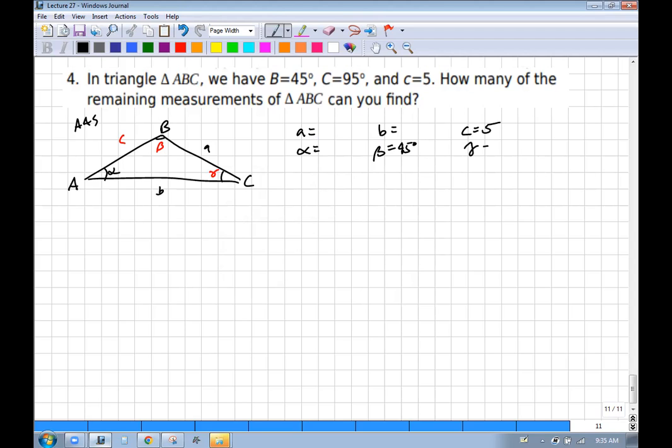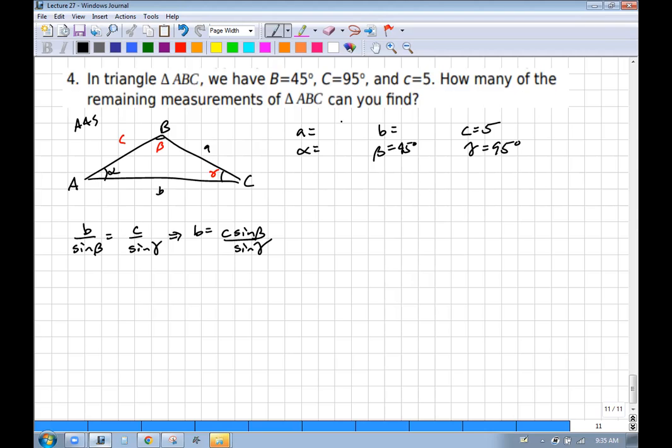And gamma is 95 degrees. So if we look at this, we have 3 out of 4 pieces of information. So we can find B, right? B over sine beta is C over sine gamma. So B is C sine beta over sine gamma.